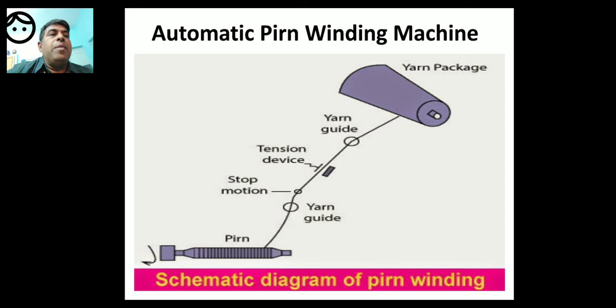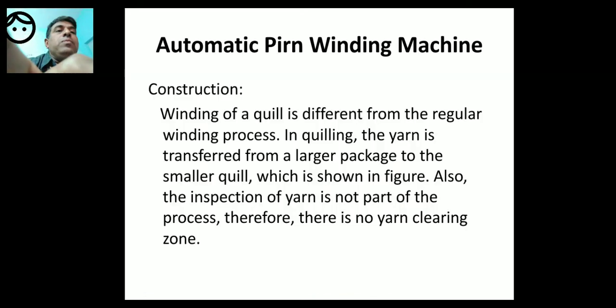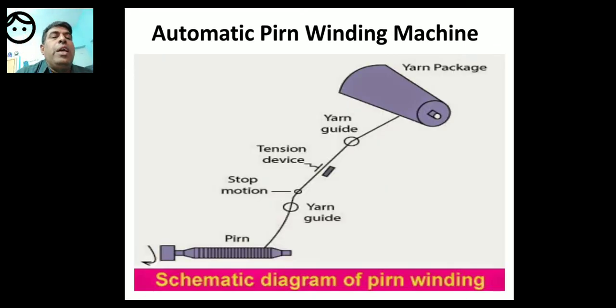You can see the diagram, yarn package, and then it passes through the yarn guide, and then it passes through the tension device, and then the weft yarn passes through the stop motion, and then through the yarn guide, and then to the pern. Here the pern is wound onto it, and there are different parts that are shown in the other picture which I want to tell you, but that picture is not here.